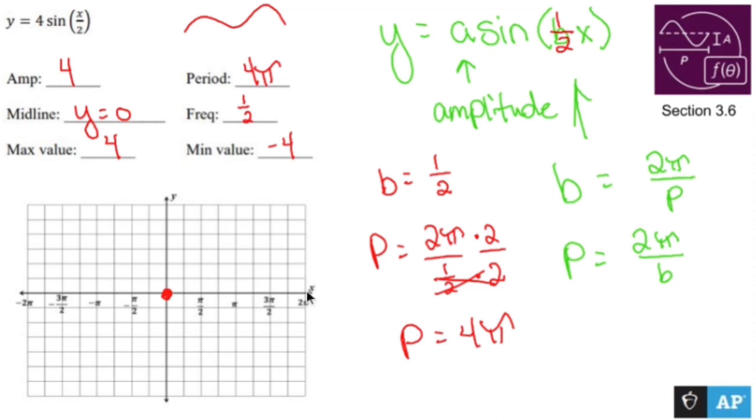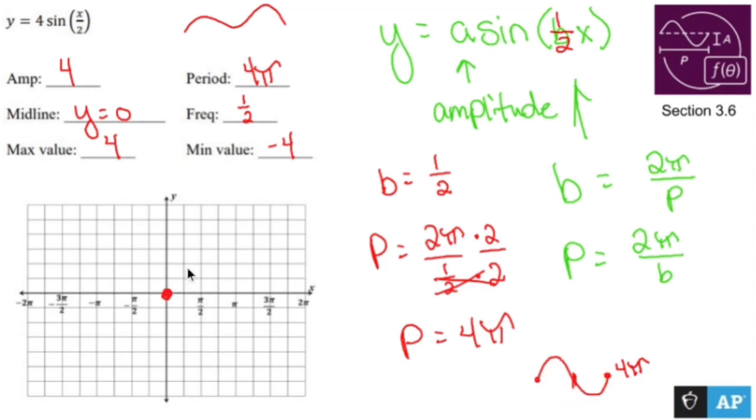I only have 2 pi, which means when I hit 2 pi, I go through half of its process. So the whole thing would look like this. Start here, go up, go down, and repeat. And it would repeat at 4 pi. But since my graph only takes me to 2 pi, I'm cutting it off right there.